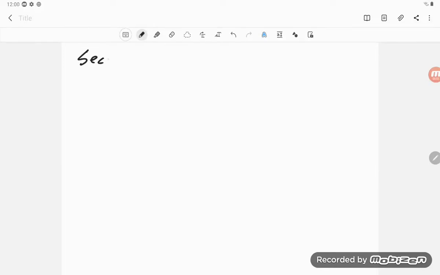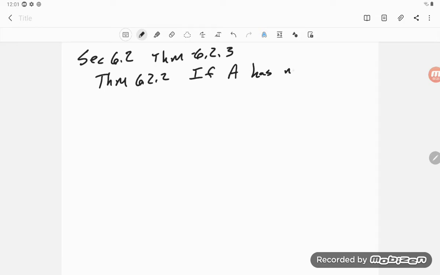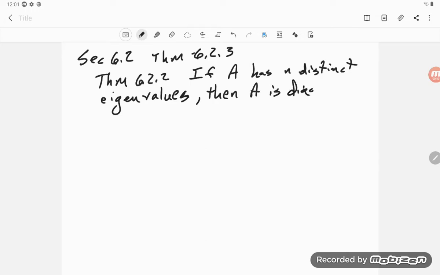So this is section 6.2, theorem 6.2.3. I didn't do a video on it, but just as a reminder, theorem 6.2.2 says if A has n distinct eigenvalues, then A is diagonalizable.